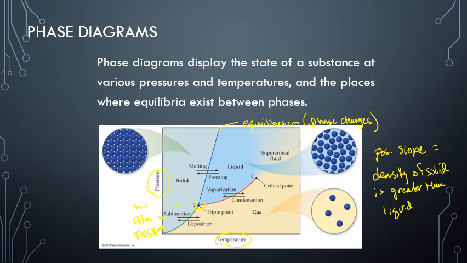I guess I should switch that over to a different color now since it's on that white background. So this represents the minimum pressure to form the liquid. And since the atmospheric pressure is lower than that minimum pressure for the liquid, it goes straight from the solid into the gaseous phase.